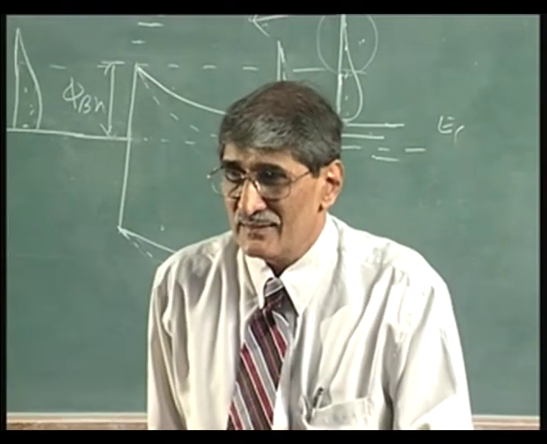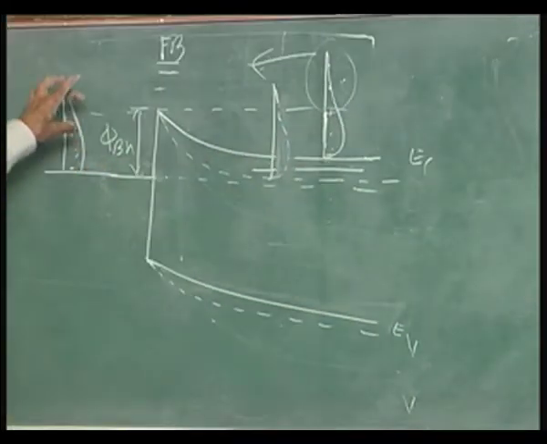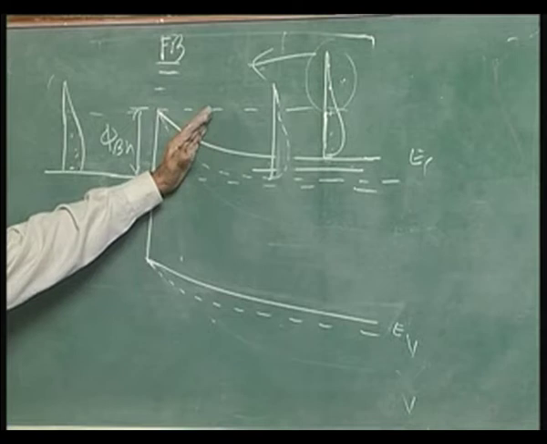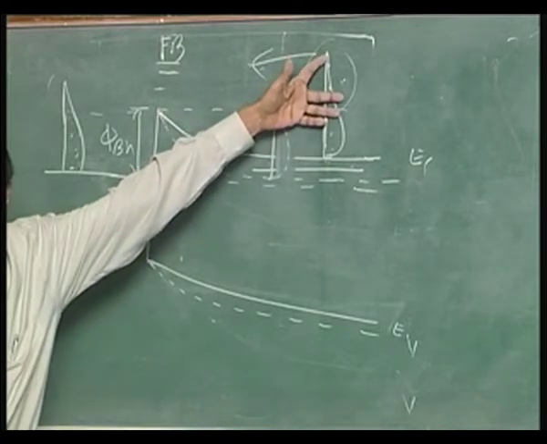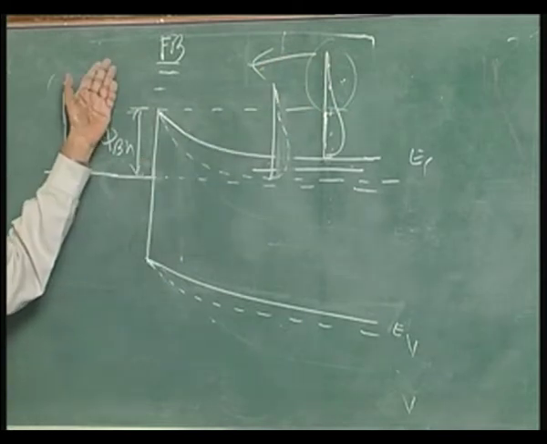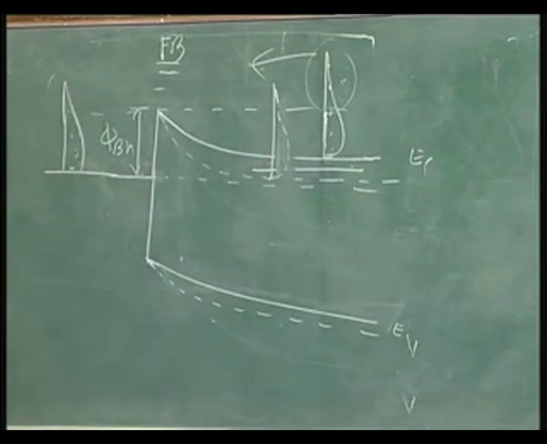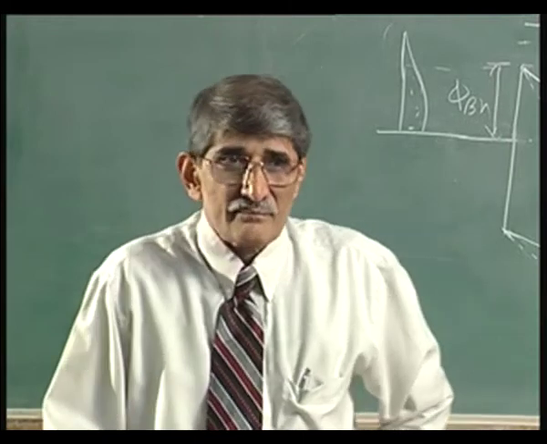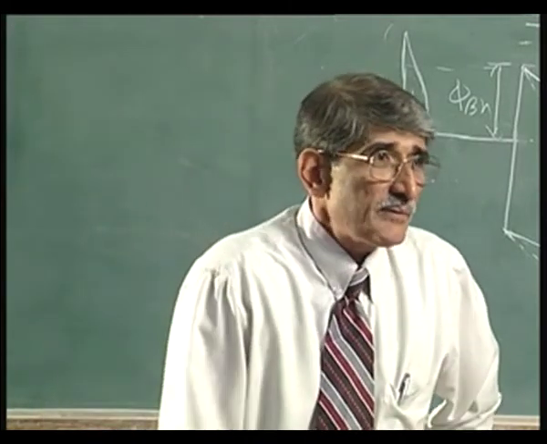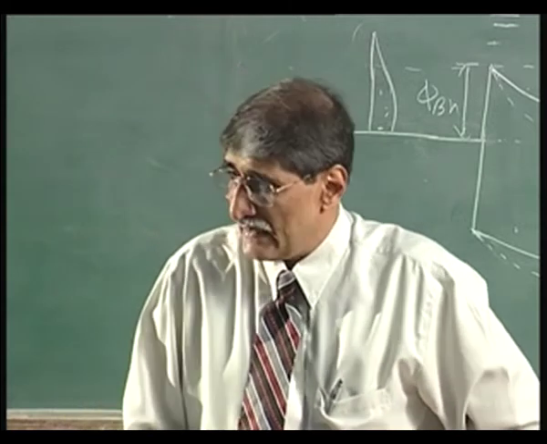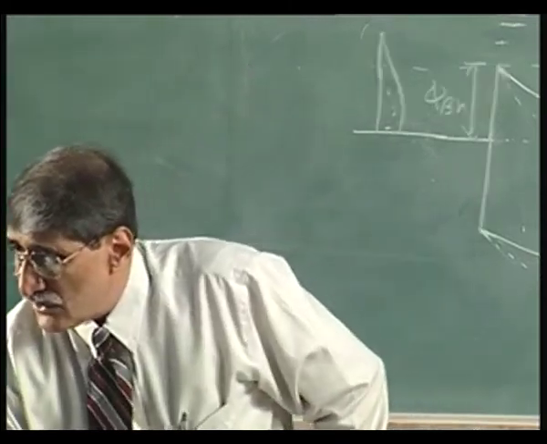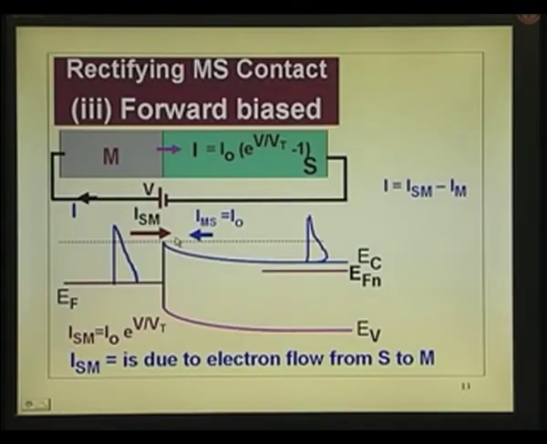That does not change, because that remains the same thing. So, you have I naught due to transfer from here to here, and I naught into e to the power V by Vt due to transfer of electrons from there to there. It is I naught into e to the power V by Vt because the carrier concentration has gone up by a factor e to the power V by Vt. Quantitative analysis we will do later. So, this is I naught and this quantity is I naught into e to the power V by Vt.